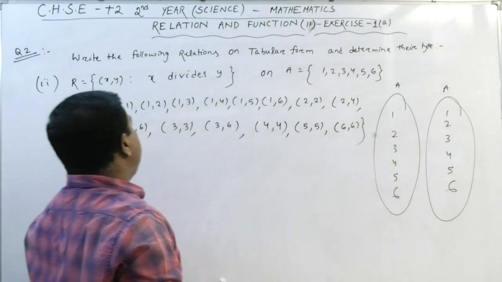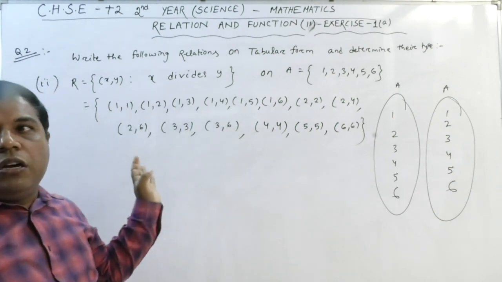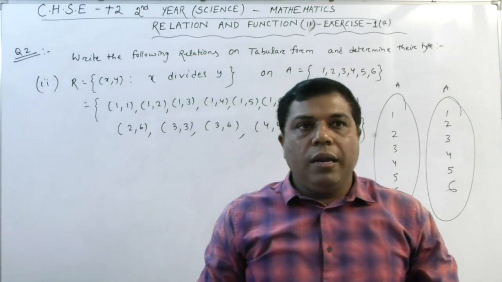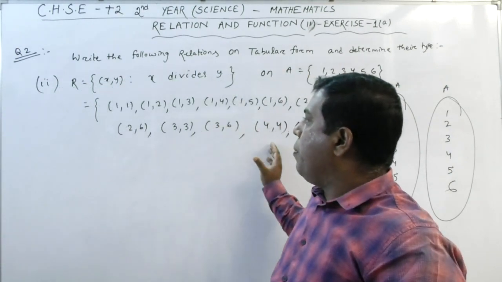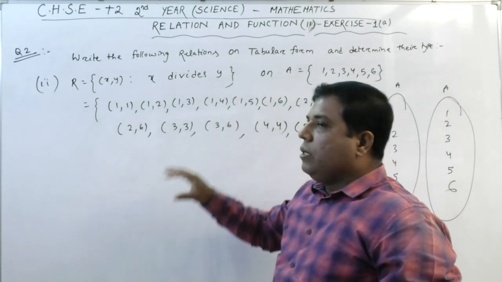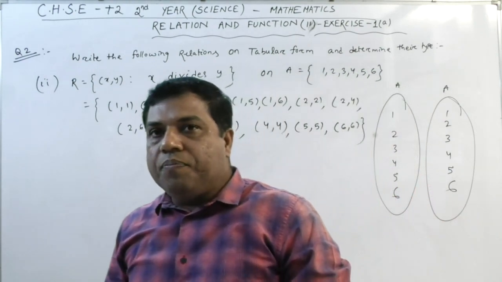Okay. So you can see now we are able to get the total relation which is written in the roster method, now we are able to write it in the tabular form. Yes or no? As per the condition that x divides y. So basing on the condition, on A we are able to get the relation.